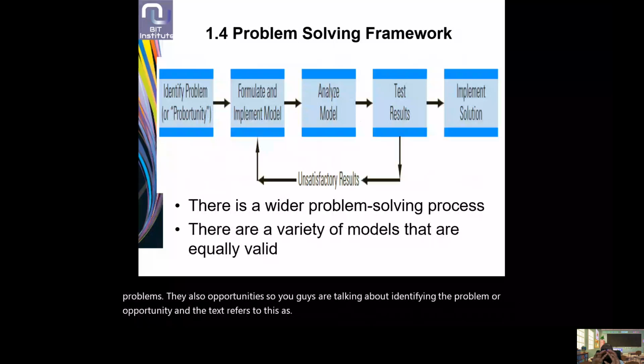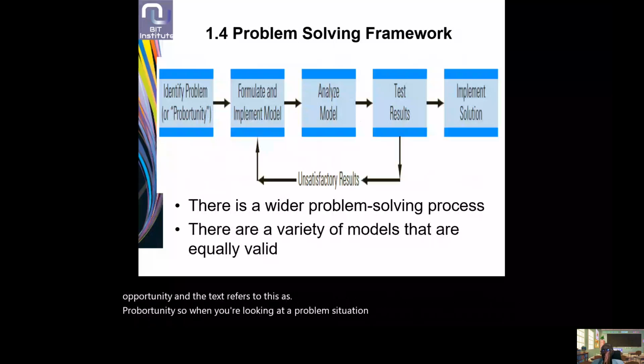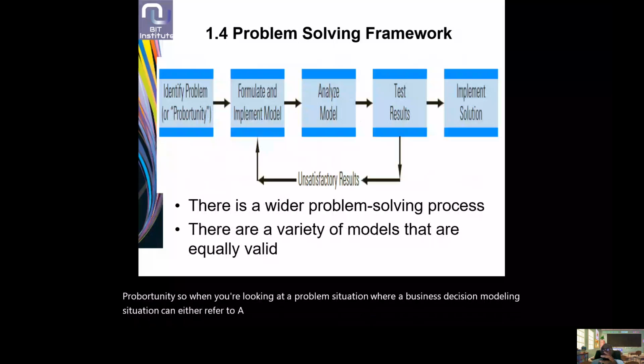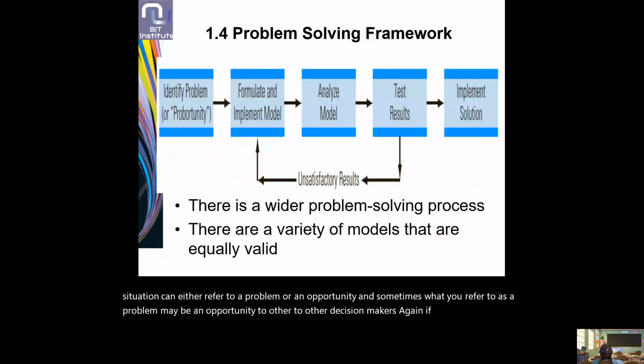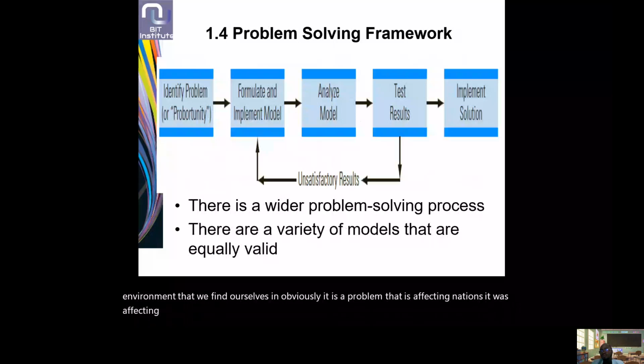So when you're looking at a problem situation or a business decision modeling situation, you can either refer to a problem or an opportunity. And sometimes what you refer to as a problem may be an opportunity to other decision makers. Again, if you look at the COVID environment that we find ourselves in, obviously it is a problem that is affecting nations, it is affecting individuals, it is affecting communities.